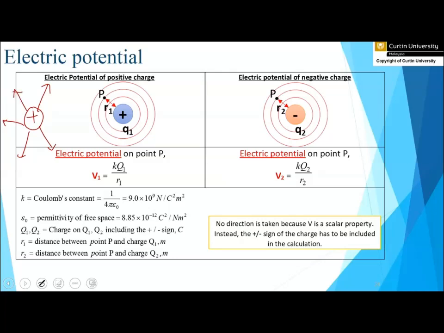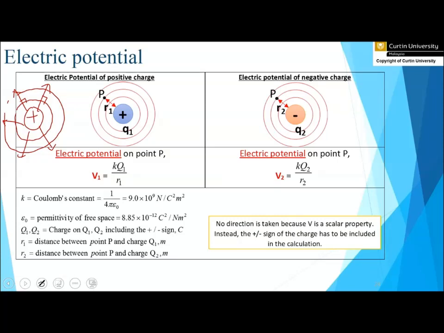And your potential always follows the shape of your conductor or the shape of your charge. So that's why at any point, you will definitely get 90 degrees between your equipotential lines and your electric field lines. Okay?